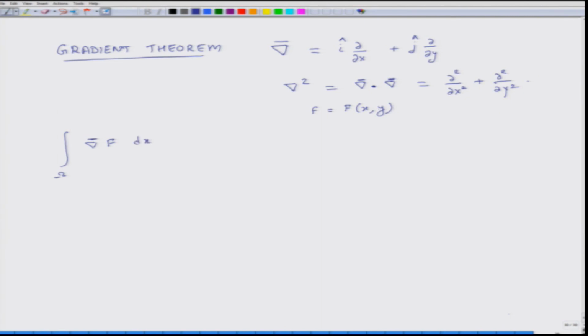Here my domain is dx times dy, because I am doing the integration on a surface. So, if I integrate the gradient of a scalar function on a two-dimensional domain, then this is nothing but a boundary integral, and it is defined as this. This is the gradient theorem.